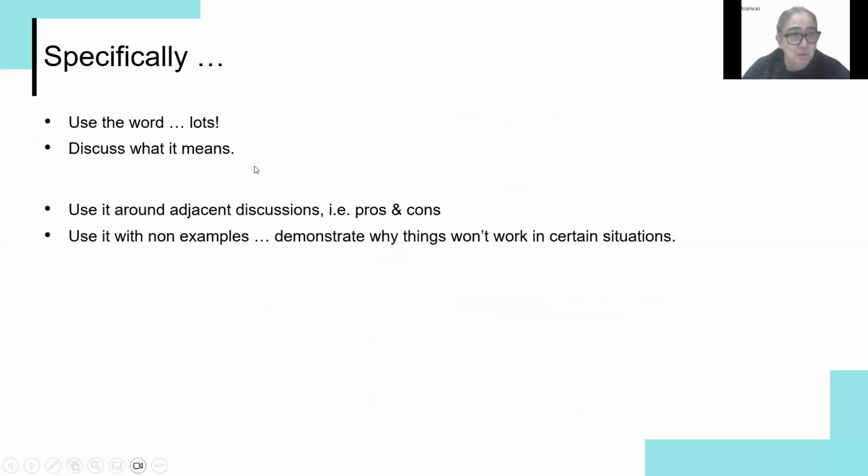Right, so in terms of what can we learn from it, use the word, talk about it, is it appropriate? And I mean lots, wherever you can. Talk about what it means. Basically, use it lots. The one there is use it with non-examples. Try to link in more reasons why you wouldn't use things than why you would.